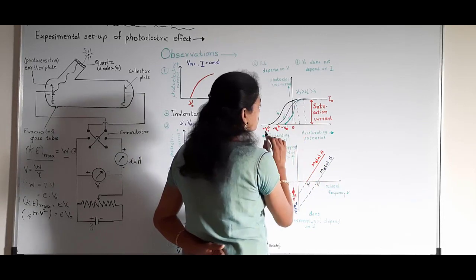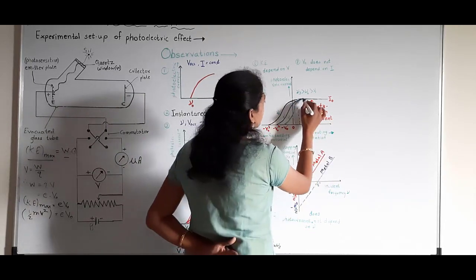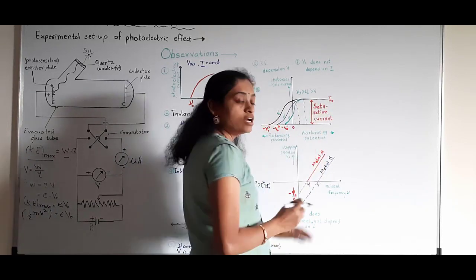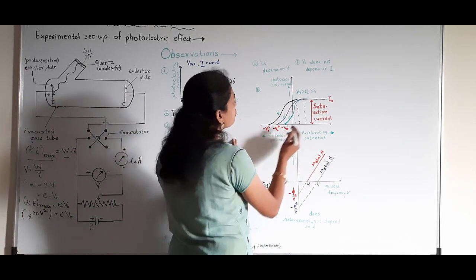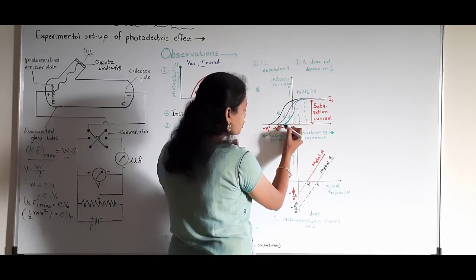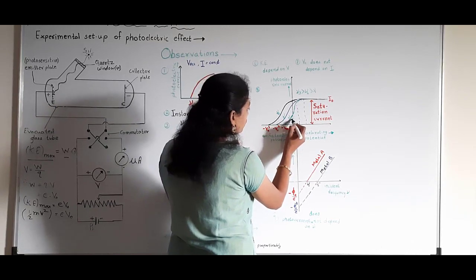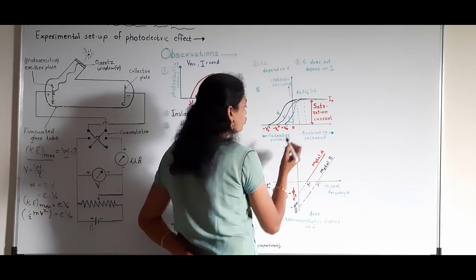Current increases. Again we go on increasing the accelerating potential, we get the saturation current. Now consider the retarding potential side. As we go on increasing the negative potential, photoelectric current decreases. We get the stopping potential V naught.